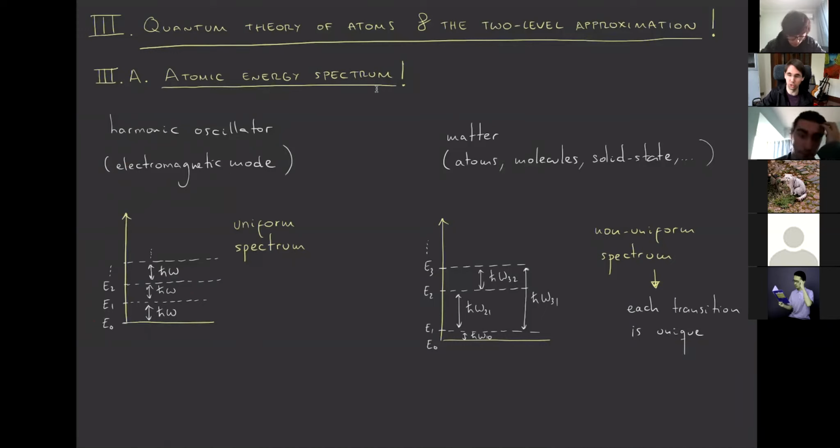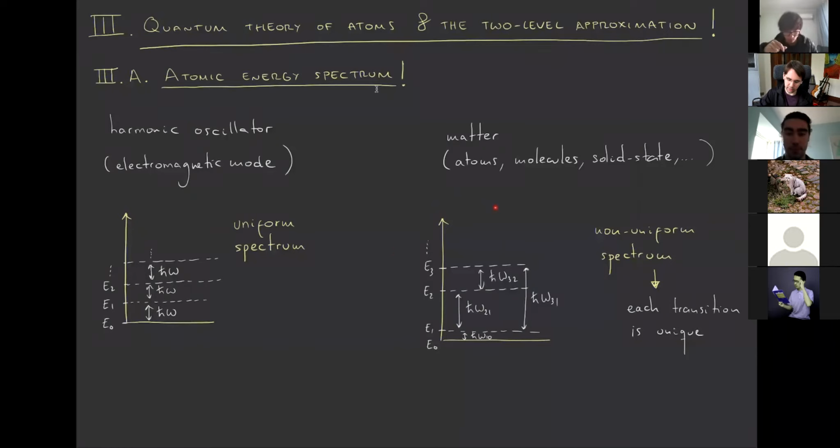Now, with full generality in quantum optics, we refer to matter as any system that couples to the electromagnetic field and that has degrees of freedom described by a non-uniform energy spectrum, okay? So for example, this one in here, where you see that each transition between energy levels is completely different from the other.